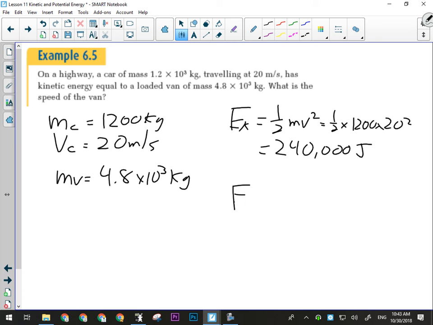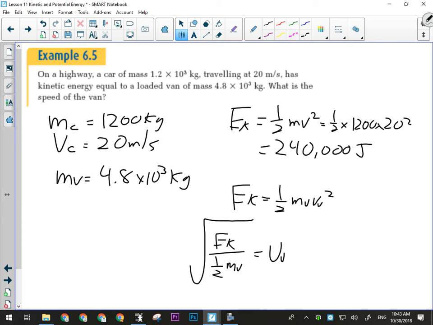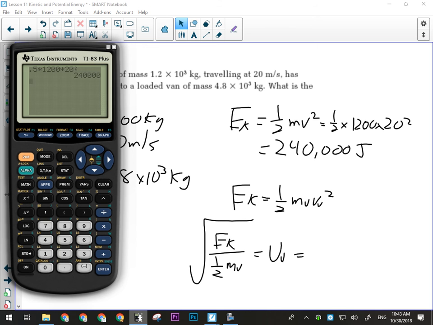So again, we're going to have Ek equals 1/2 mv, mass of the van, times the speed of the van squared. So we're solving for the speed of the van here. So that'll be Ek divided by 1/2 times the mass of the van, square rooted. Okay, so we'll take our 240,000.